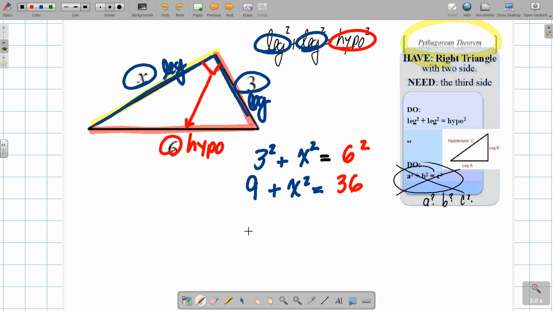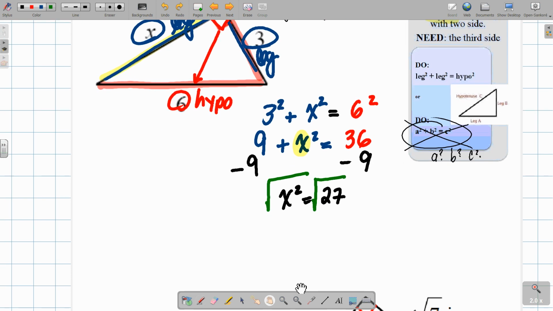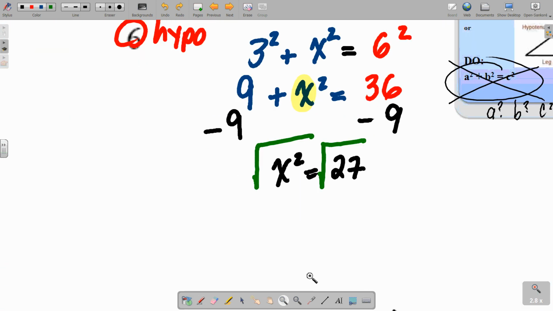Our goal is to get x completely by itself. So we're going to minus 9 on both sides. The opposite of squaring is square rooting. The opposite of squaring is square rooting, not divide by 2 there.